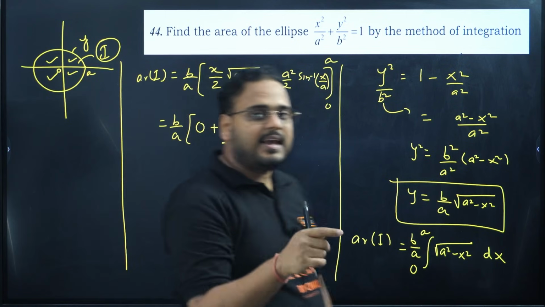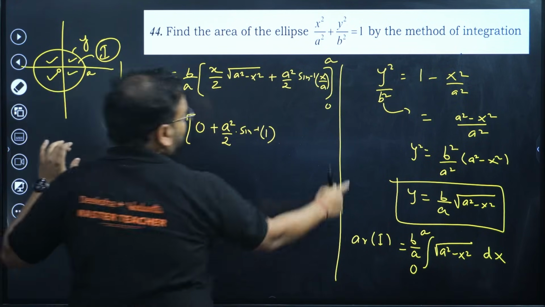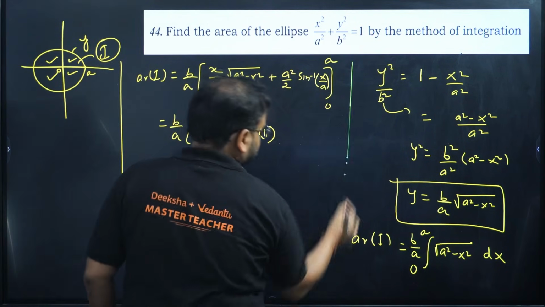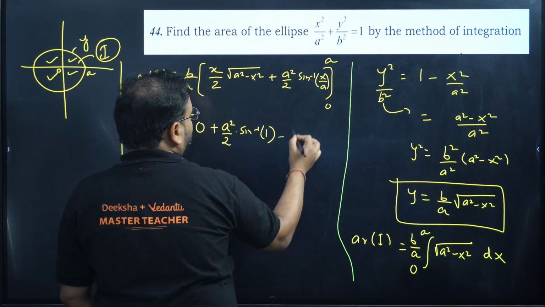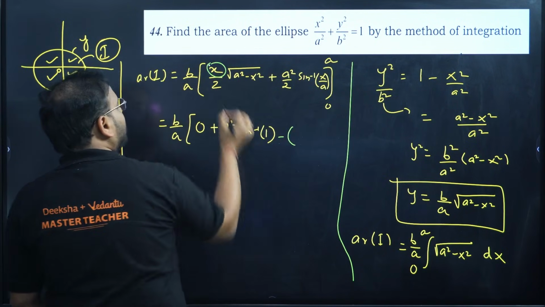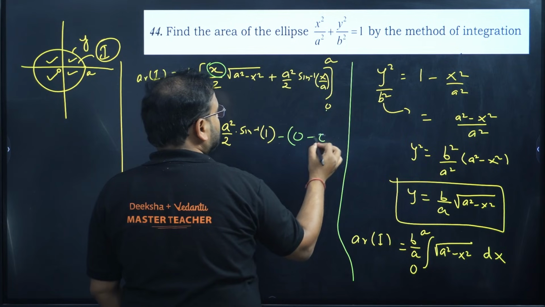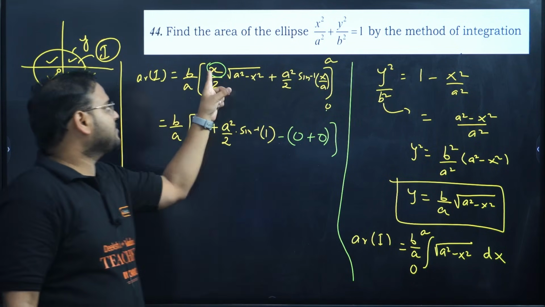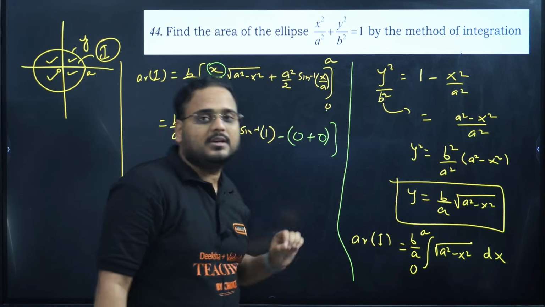Now put the lower limit 0. If you put 0 over here, everything is 0. Sine inverse of 0 is also 0, so the whole thing becomes 0.